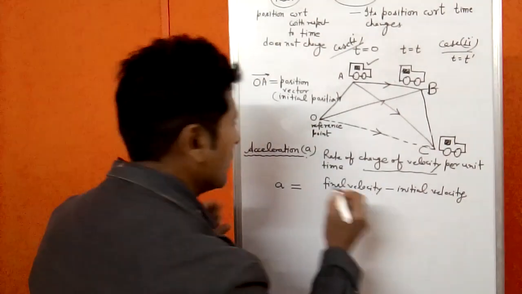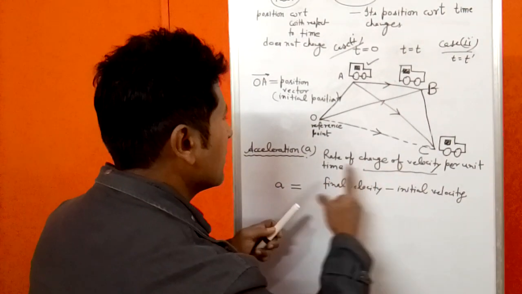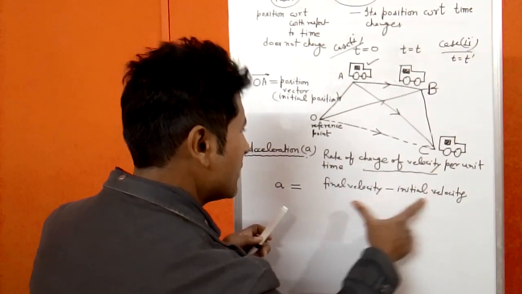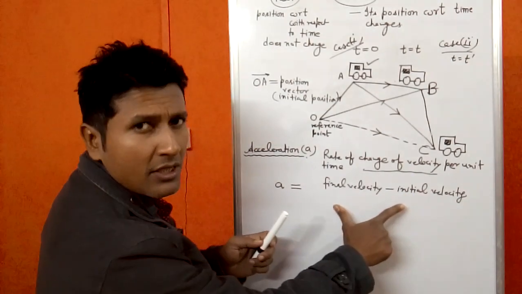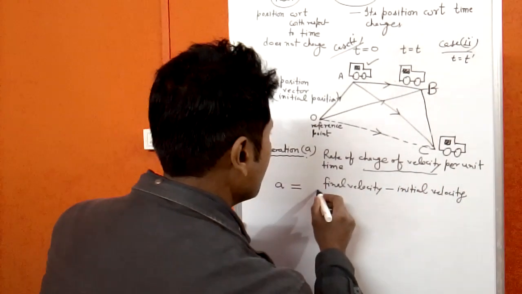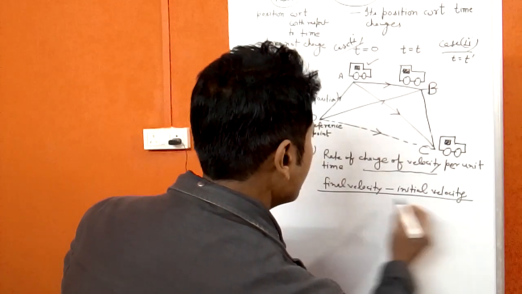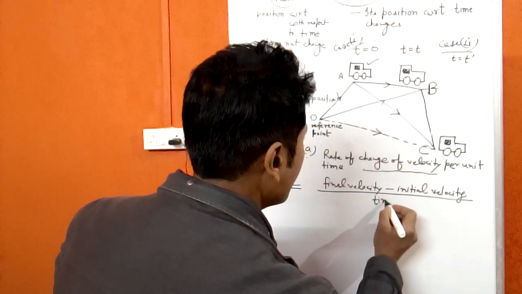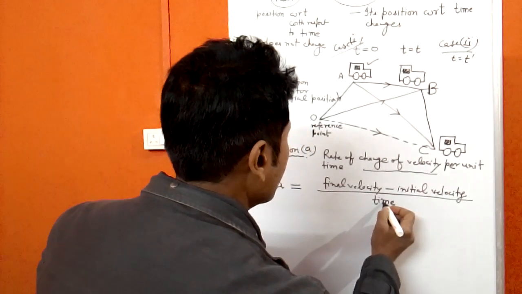Yes or no? Now it says rate of change of velocity. Change of velocity has been considered per unit time, right? Means you need to again divide it by time. Correct?